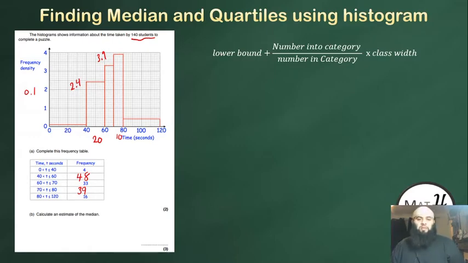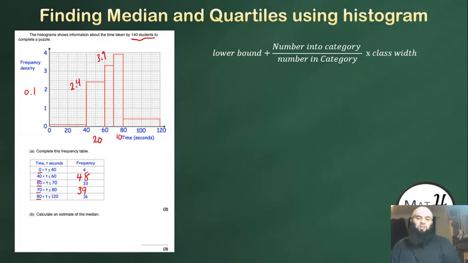Okay, so first and foremost, we need to understand what the lower bound is. Lower bound means the lower number in terms of these two. So lower bounds are all of these numbers, whichever category you go into. And the second thing is number into category.